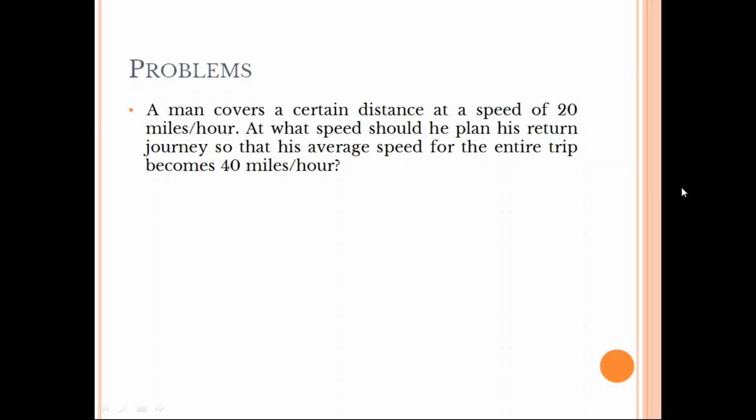You still want to stick to your answer? Okay, good. Forty. Sir, you have answered 40. You are saying you return at 40 and the average for the entire trip will become 40. How is it possible? Your onward journey was at 20. Your return is at 40. So the average will always lie in between the two values, isn't it? Akshay, you are not correct.